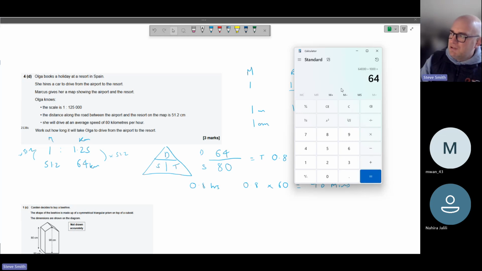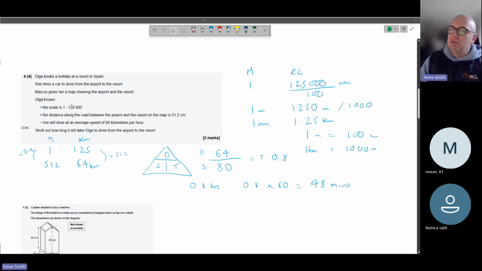You'd still get the same answer. So it doesn't matter which way, whether you shrink your number at the start, which we did here, to have a really easy scale to read, or whether you do your multiplication of centimeters by centimeters, keeping it at centimeters, and then change it to kilometers at the end. It matters not. You're still getting 64.